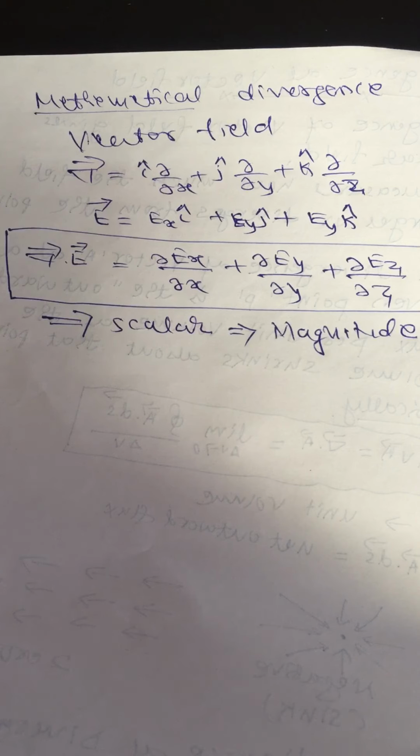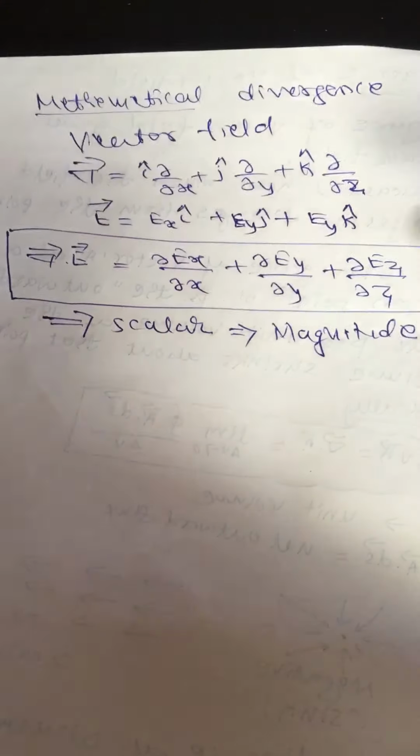So naturally you will get ∂Ex/∂x plus ∂Ey/∂y plus ∂Ez/∂z. Mathematically, the divergence means multiplication of the del operator with the vector field. You will get only magnitude. The result is only magnitude here.